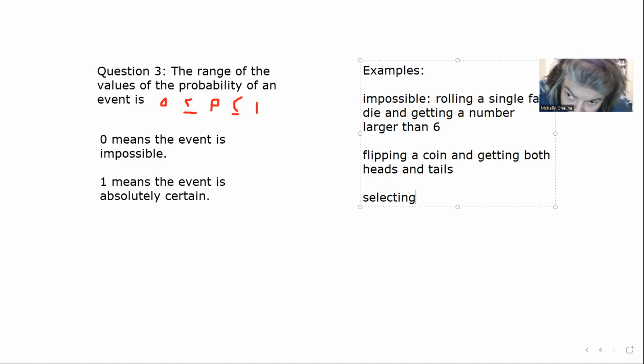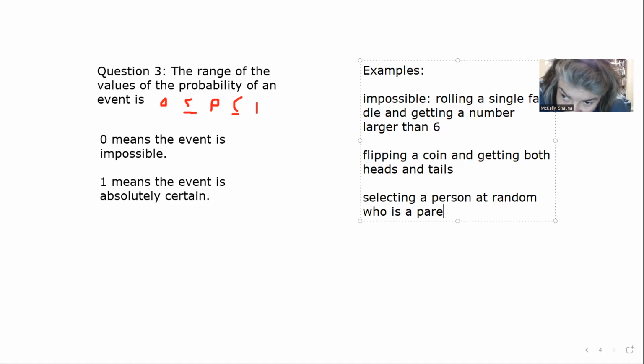Selecting a person at random who is a parent with no children. Okay, now your children may be grown, they may be passed away, but if you're a parent, by definition, you have children. You can't be a person who is a parent with no children. That would be impossible.